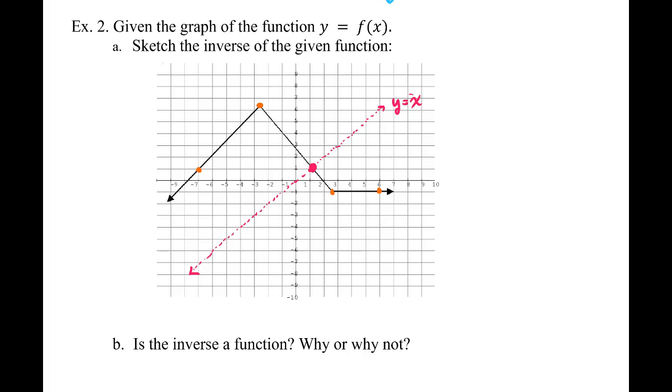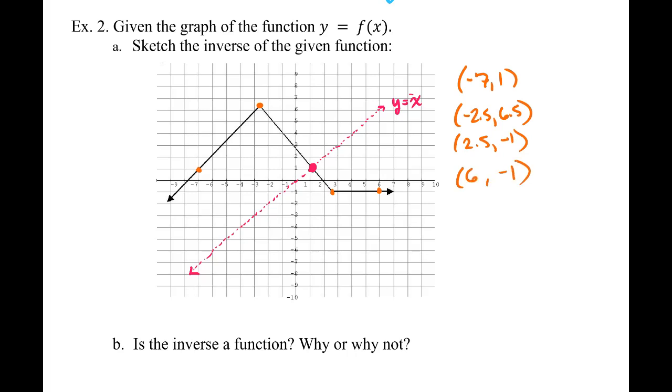Okay, so in my original function, I've got values of (-7, 1), (-2.5-ish, 6.5-ish), and then I've got (2.5-ish, -1) and (6, -1).